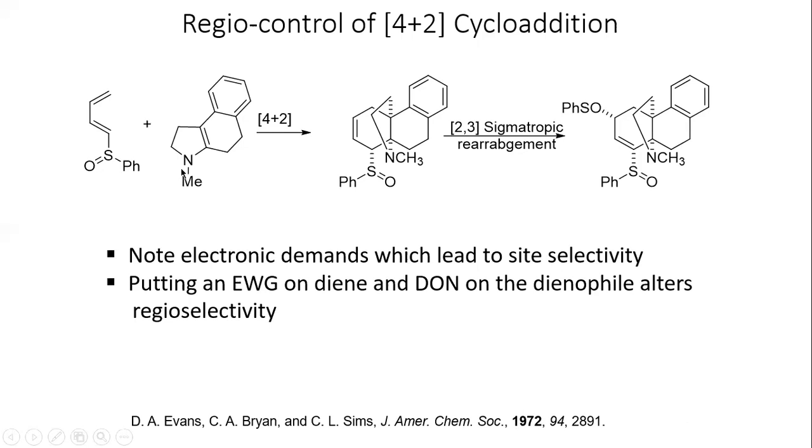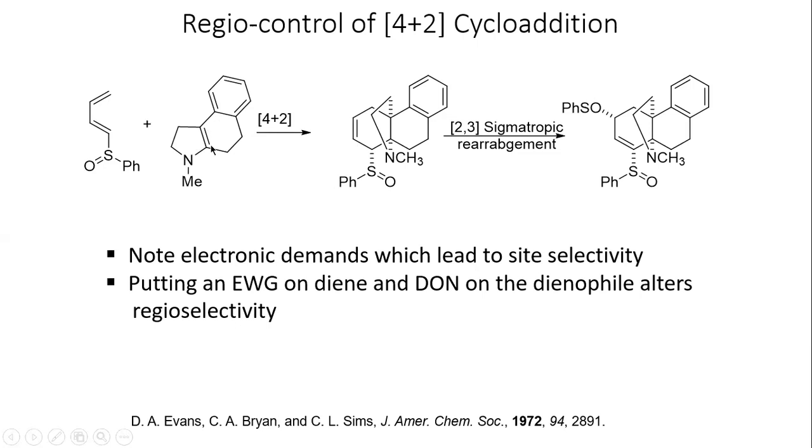They were synthesizing morphine analogs and the morphine backbone, which you know is a tricyclic system, like an alkaloid type backbone. And so what they were studying was the 4+2 cycloaddition of this diene and this dienophile.